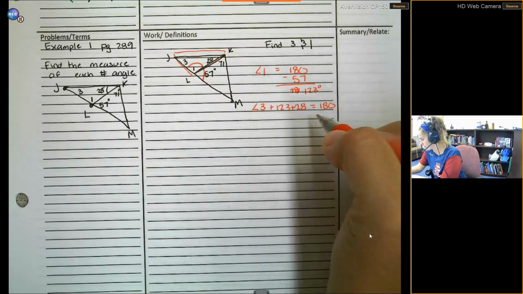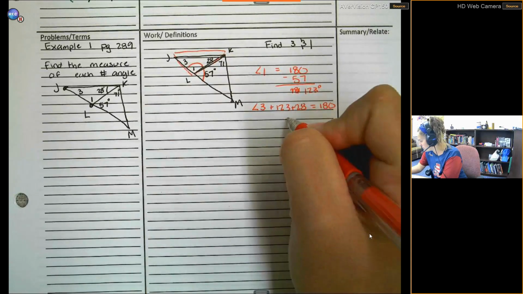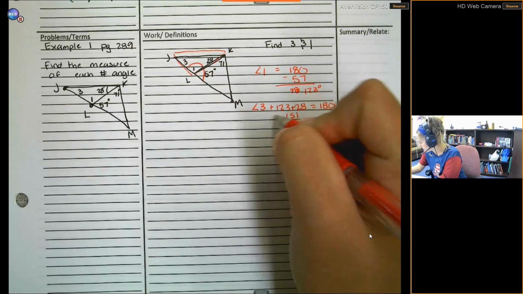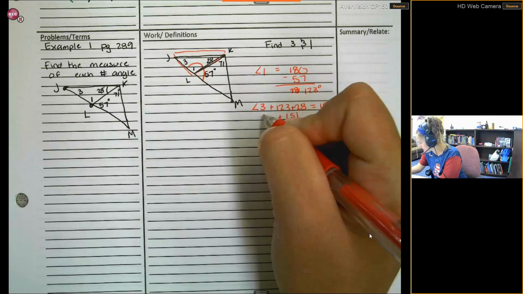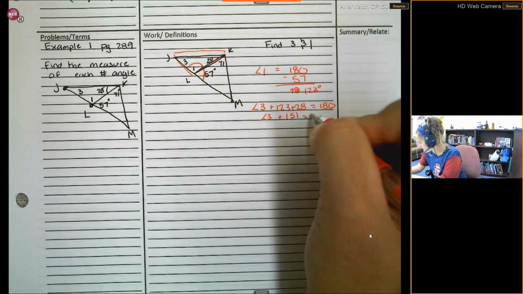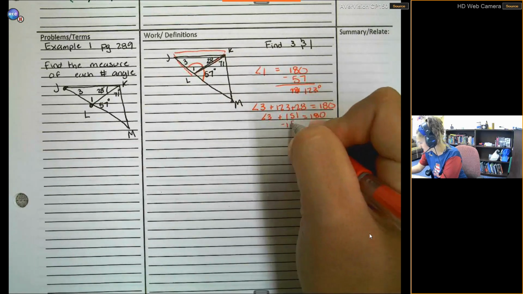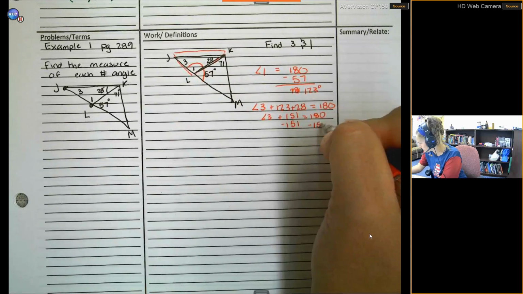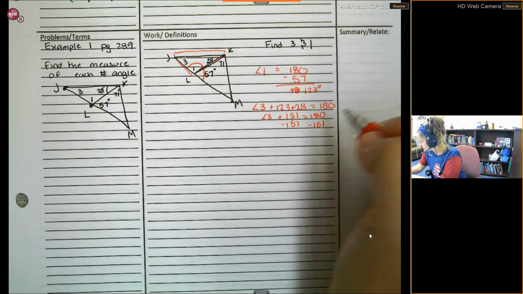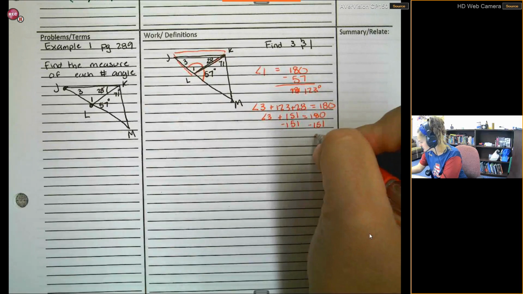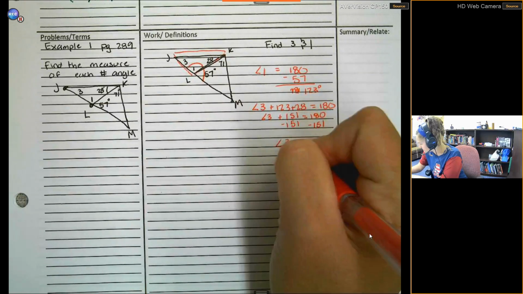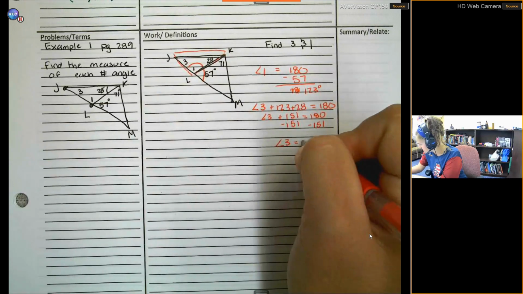Okay, so we're going to add 123 and 28 together. So that's going to be 151 plus angle 3 is going to equal 180 degrees. And then we can just subtract from the other side. That's going to be 29. So angle 3 is 29 degrees.